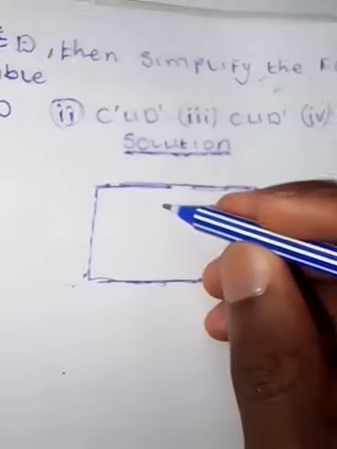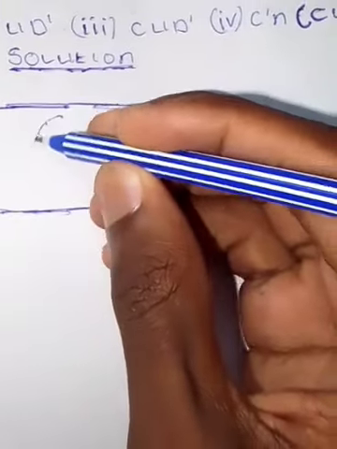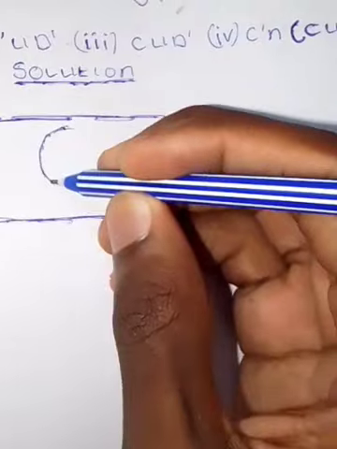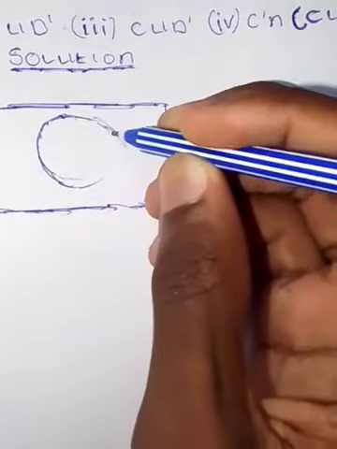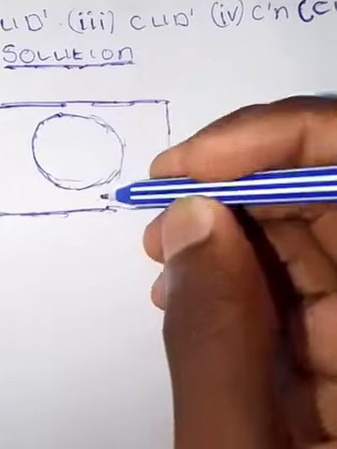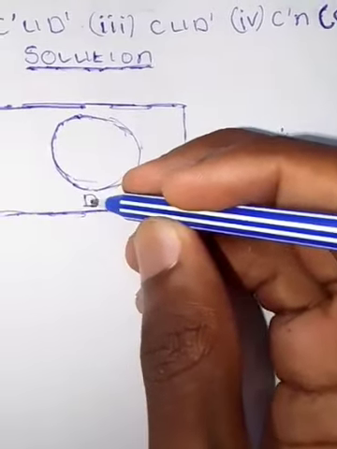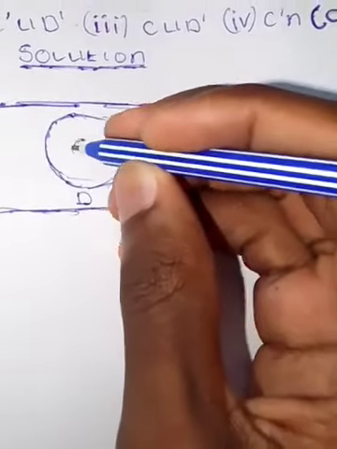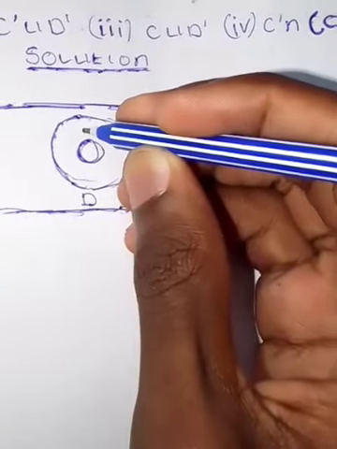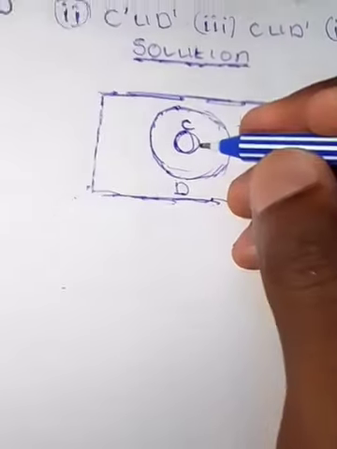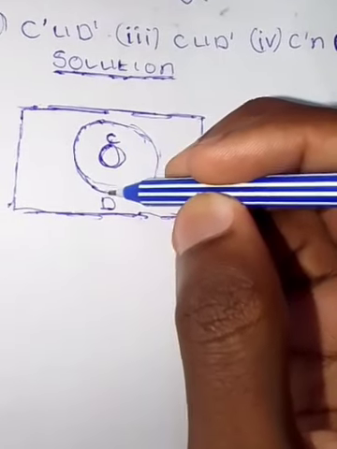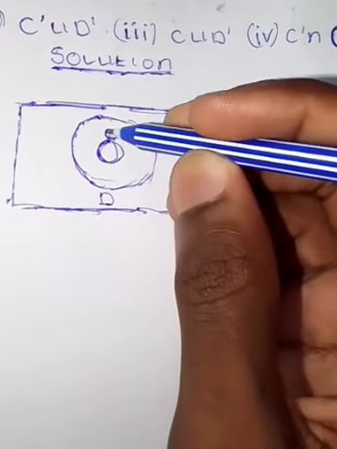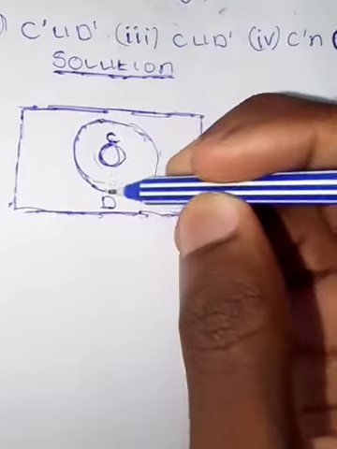So there is this set, an oval shape, which is D, then inside set D there is set C. So the set C is contained in set D, making it a proper subset of D.